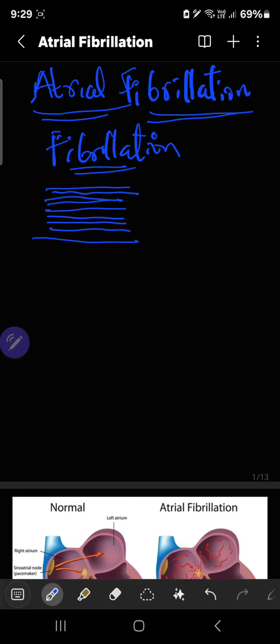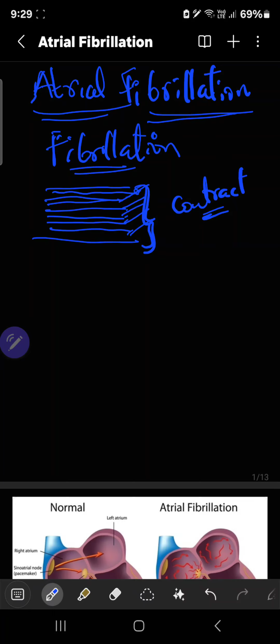In order to contract a muscle, all the muscle fibers should work in synchronization. Suppose a muscle gets pulled, so all the fibers should be pulled in a synchronized fashion. At the same time, these muscle fibers should work.